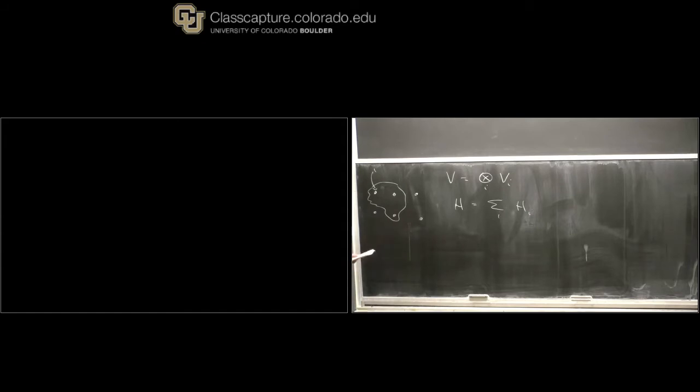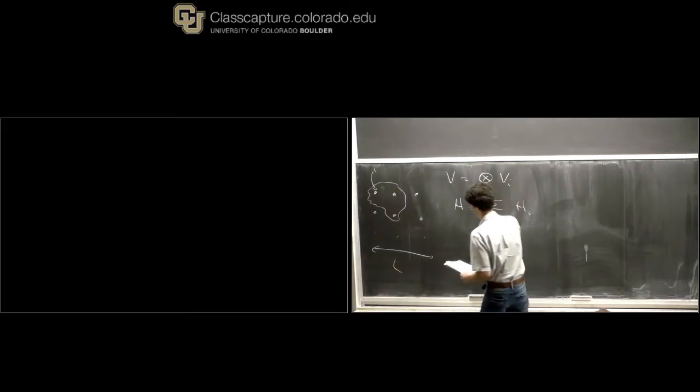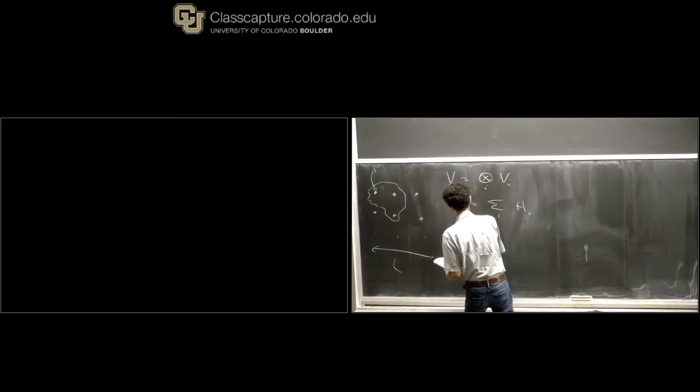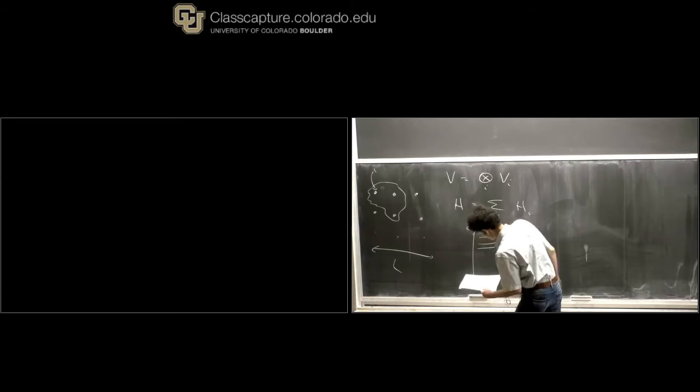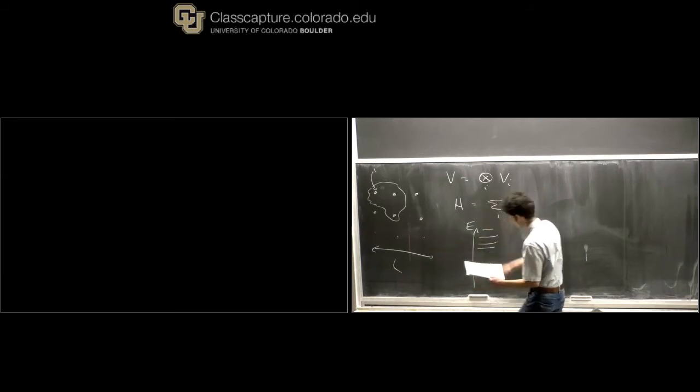All right, and this lattice has some size, let's call it L. And then we look at the spectrum of the Hamiltonian H, and it typically looks something like this. We work in a finite size L, so it's discrete.